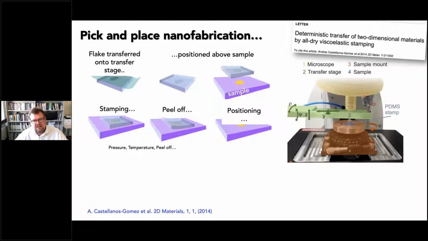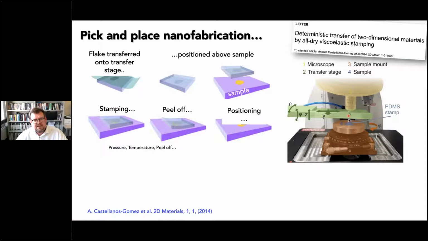And this is actually a picture of the apparatus that we have in our institute. It's in a glove box, but you see it doesn't look very sophisticated. It's a microscope. It's a rotation stage where you can basically rotate the crystal before you peel off a few layers of the crystal. And it has this green arm here, which you can position in space. You can tilt it very precisely, and you can also heat it.